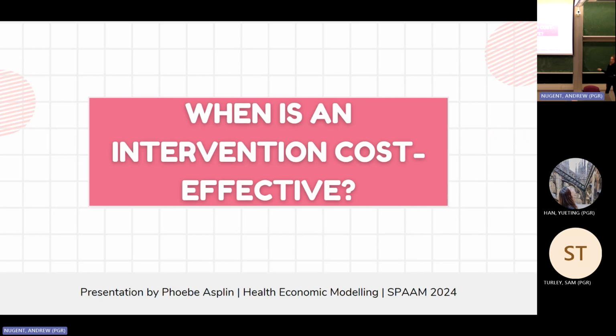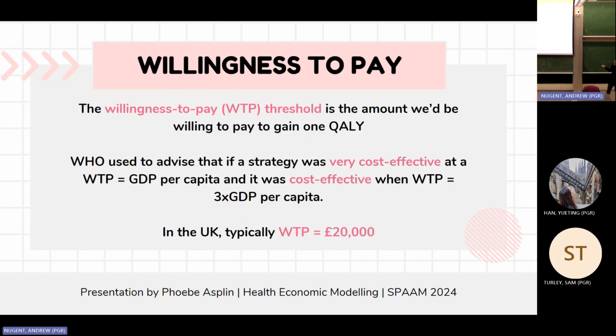Okay, so now we have a measure of the benefit of our intervention, and we want to talk about when it is cost effective. To do that, we need to set a willingness to pay threshold. This is the amount we'd be willing to pay to gain 1 QALY.